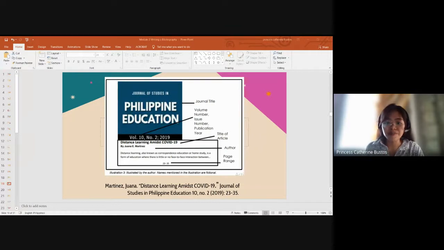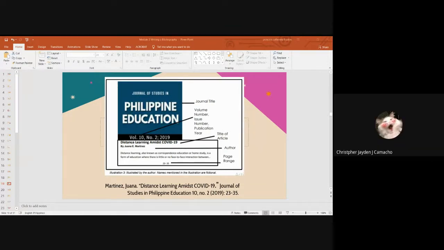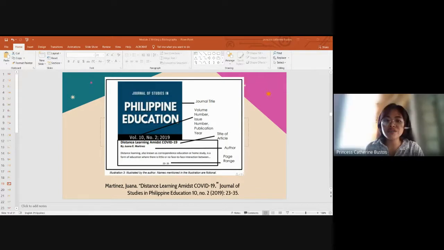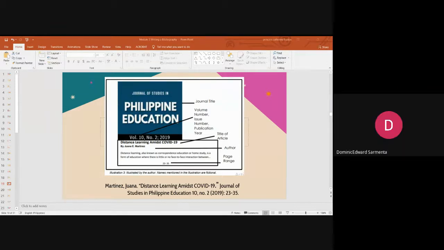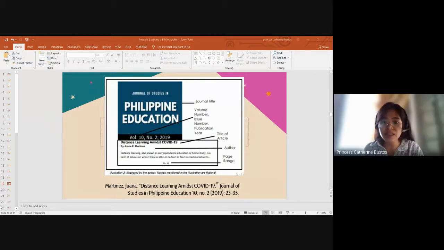Yes, Christopher. Journal of Studies in Philippine Education. Very good. So that's the journal title. Now, do we have volume number, issue number, and publication year? Yes. Where is it? Can you tell me what's the volume number? Rian?